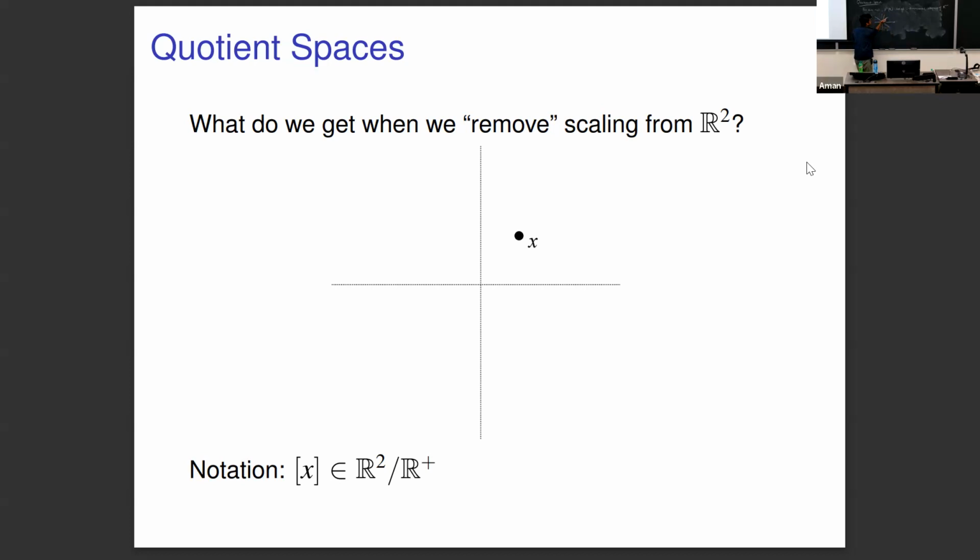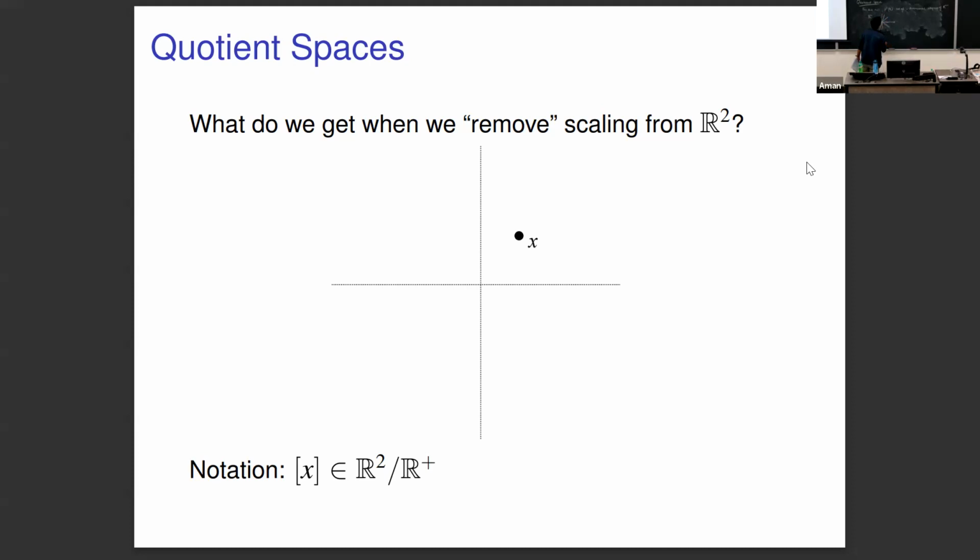So every line is a unique line in the space, and any point on this line is mapped to the same line, right? So it's a subspace in R2 where all of the points on this line are represented the same way. So it's just a space of the rotation of this line. All of these lines will be uniquely represented, and every point on that line is just mapped to the same thing, right?